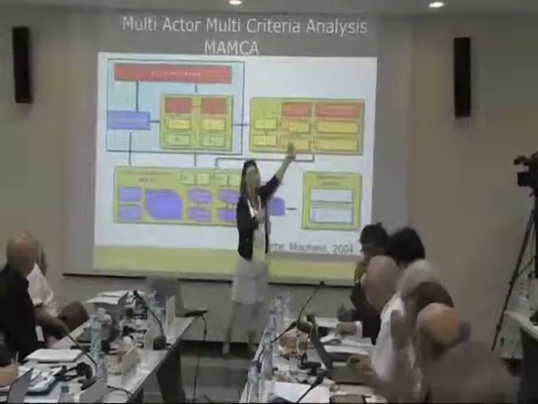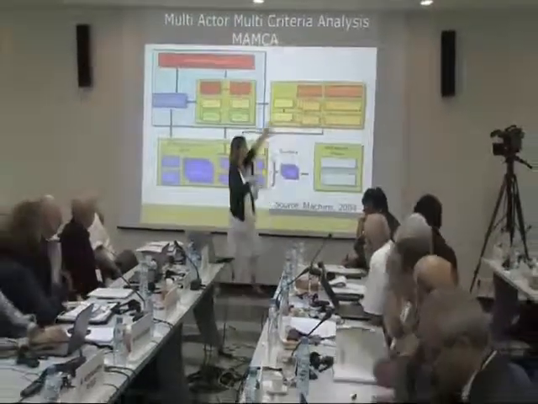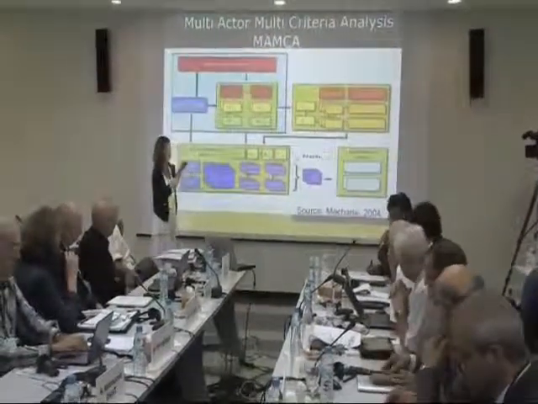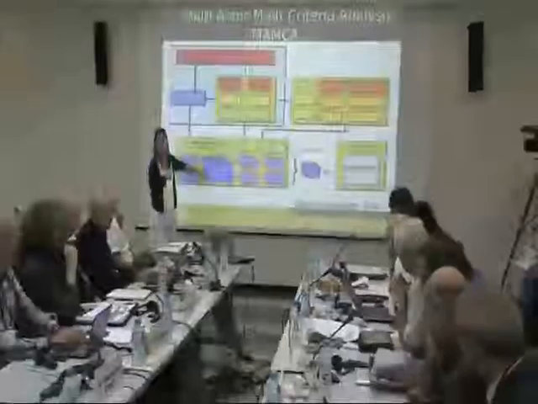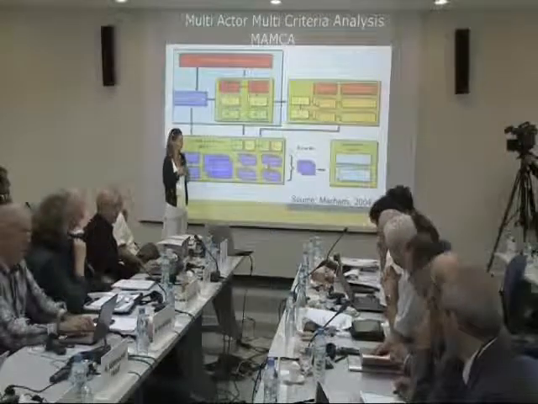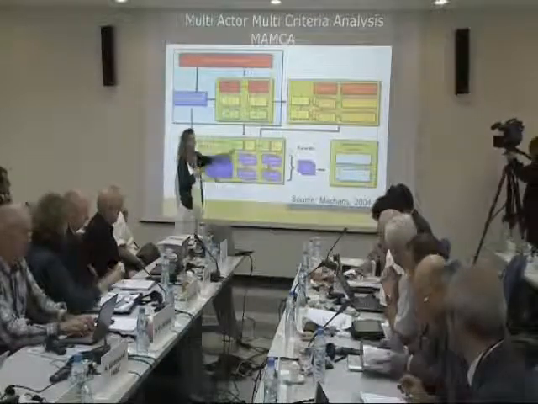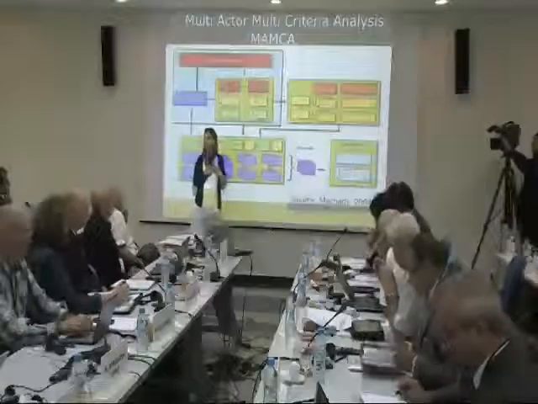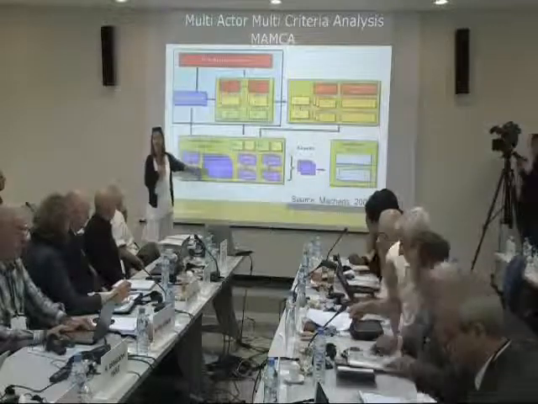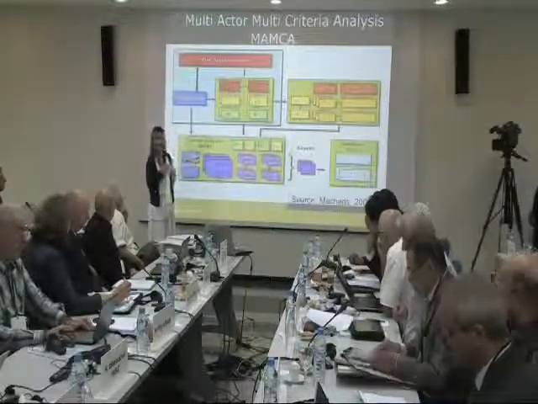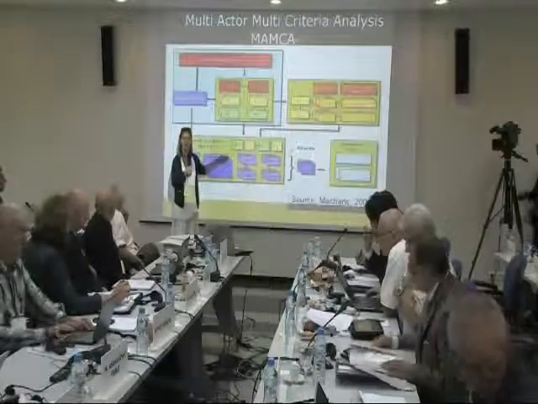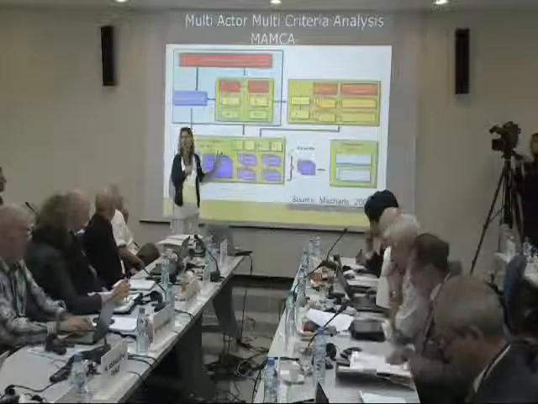Because what we want in the end is to see those different alternatives, you can call them scenarios once they are more specified. We need to see how good they are scoring on the objectives of all the actors that are involved. And so here you get a traditional multi-criteria analysis, but you get a ranking for each stakeholder, and you also get a multi-actor view.